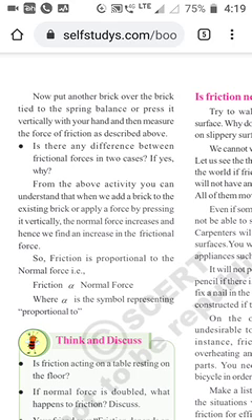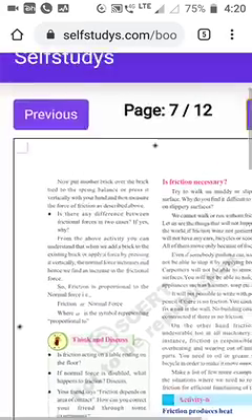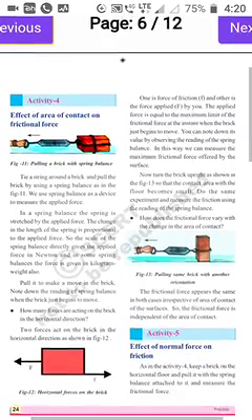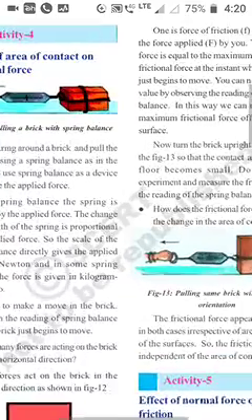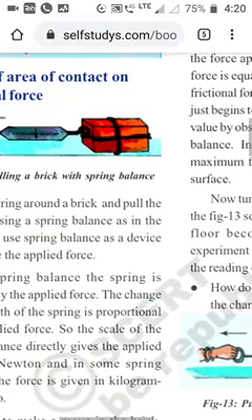So from the above activity you can understand that when we add a brick to the existing brick or apply a force by pressing it vertically, the normal force increases, and hence we find an increase in the frictional force also. Here you have to observe, as we discussed previously, this is the brick which is attached to the spring.